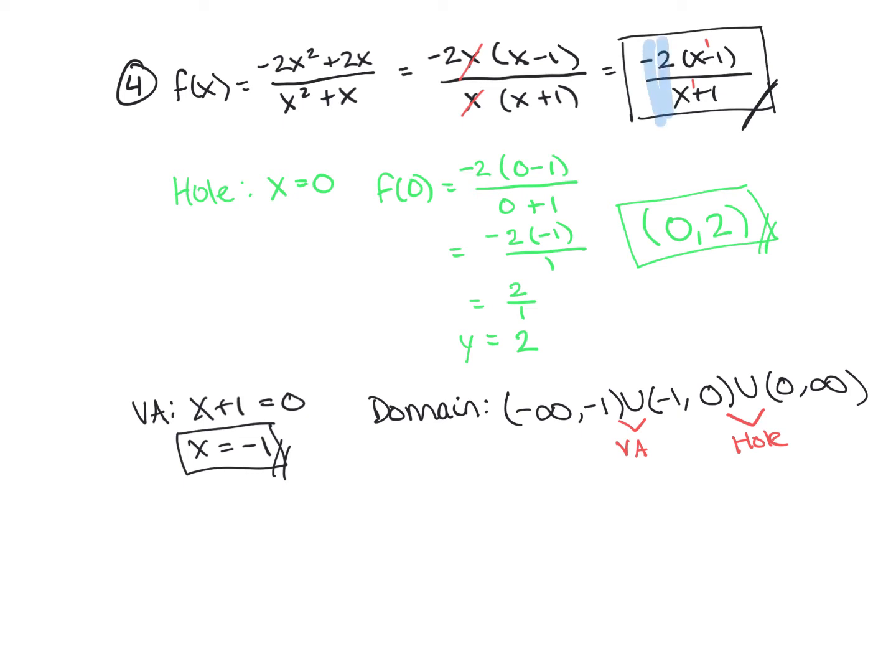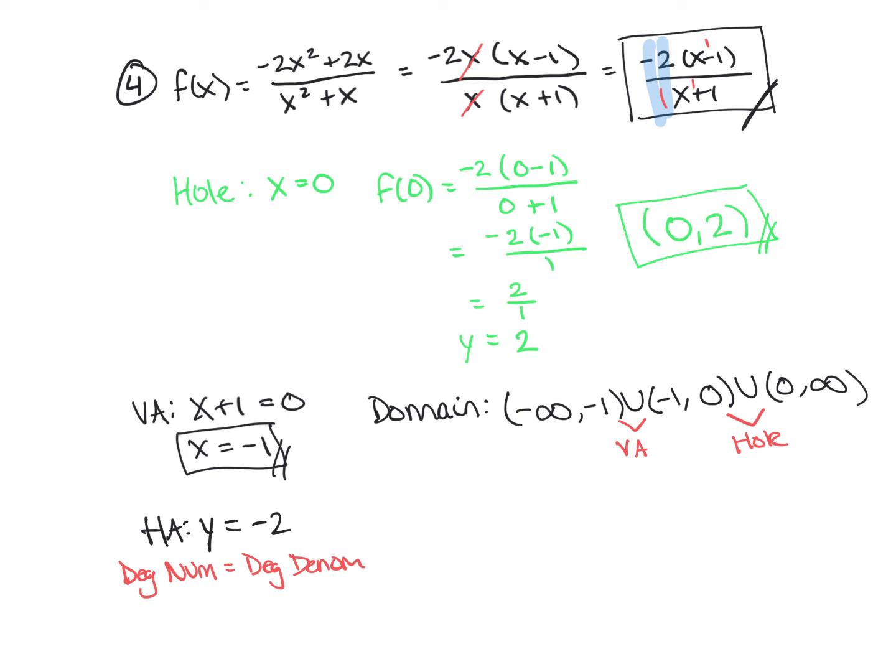That looks to be negative 2 over 1. So we'll say that y is equal to negative 2 over 1, which is just negative 2. And again, we have that because the degree of our numerator was equal to the degree of our denominator.